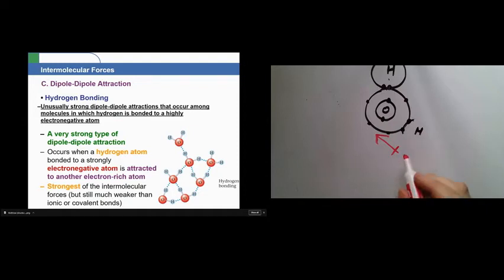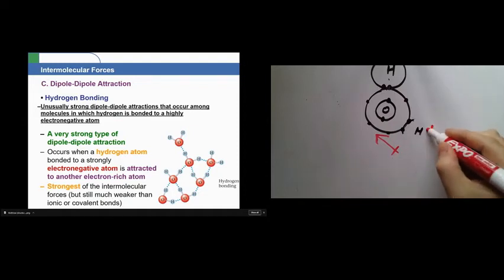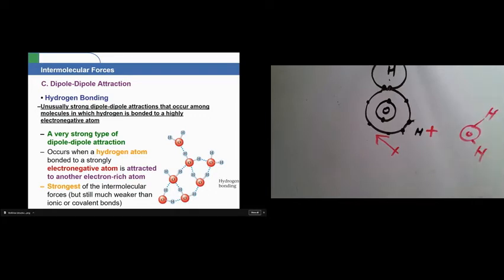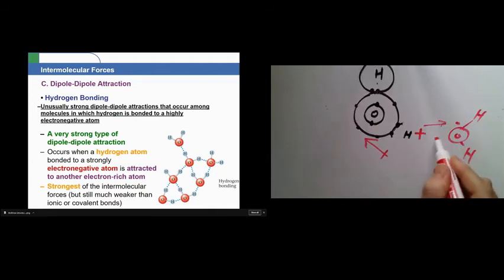Therefore, not only is it slightly positive, it's very positive, okay? And this very positive charge makes it a lot more attracted to oxygens, which have a lot of negative charge. It makes it a lot more attracted to oxygens in a different molecule. All right, it's because it doesn't have that inner layer, it's basically a naked proton, a naked nucleus that is attracted to the oxygen in the other molecules.